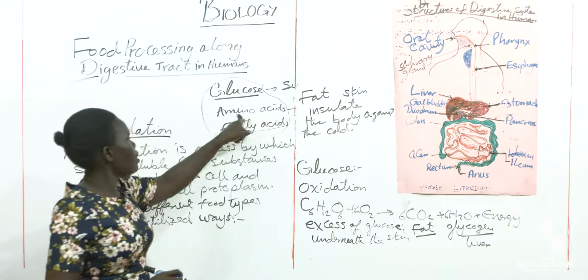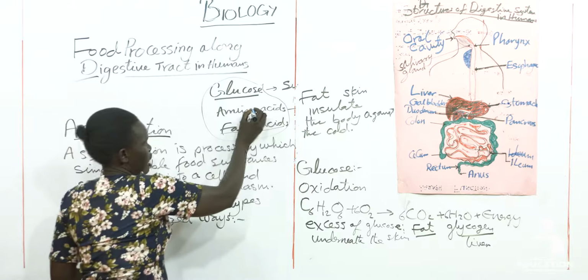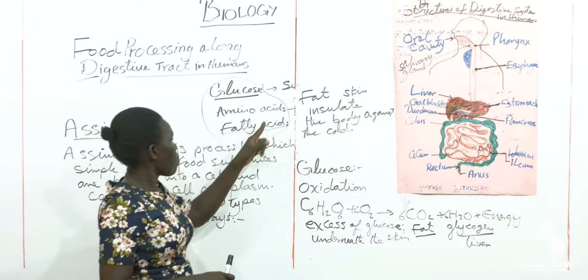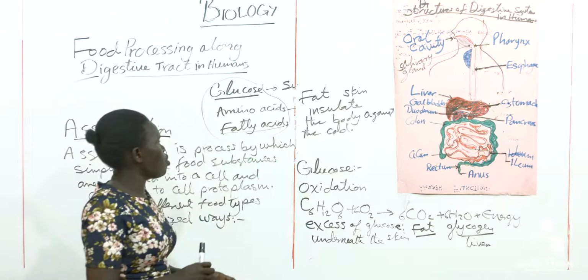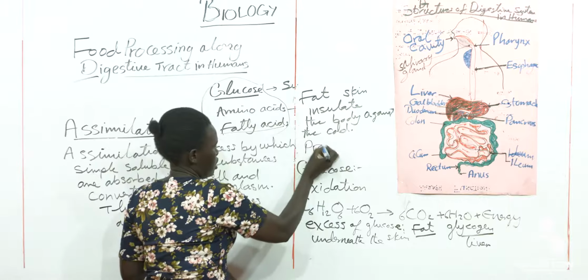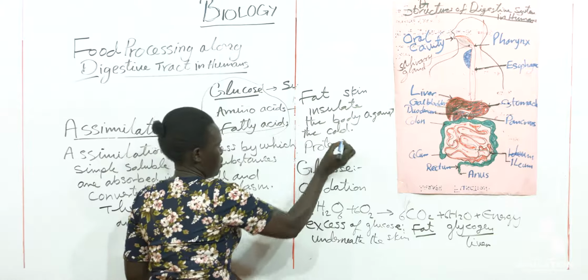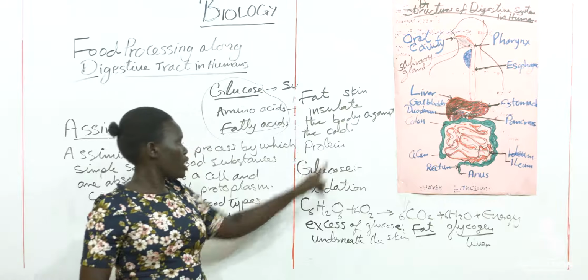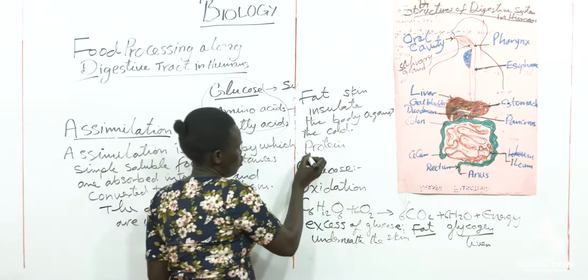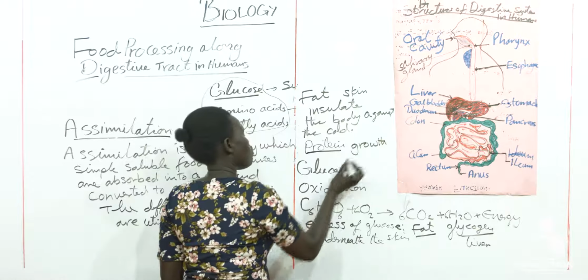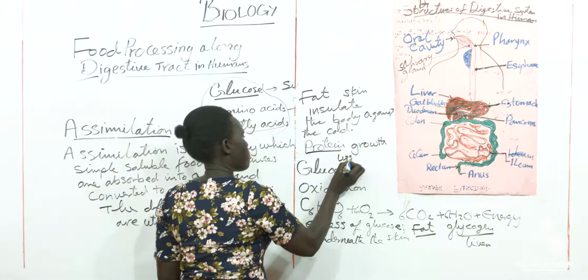We are left with amino acid. Amino acid is the smallest unit of proteins. So it is used to manufacture proteins. The body uses it to manufacture protein. This protein is now used for growth and tissue repair.